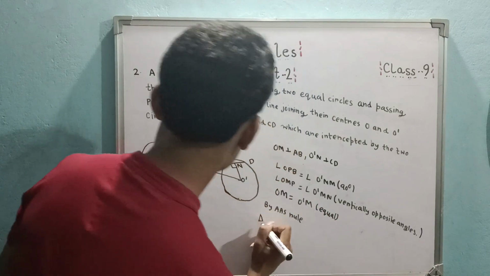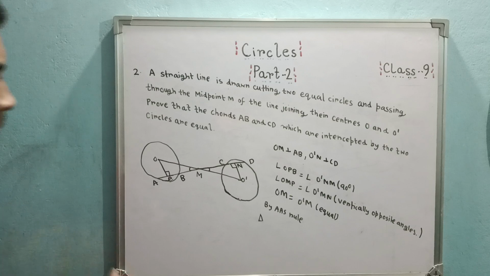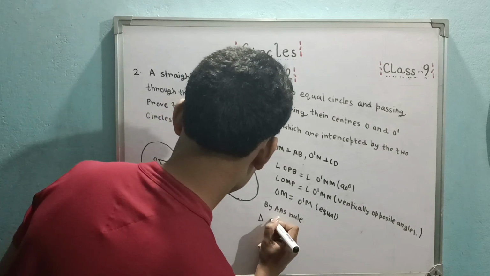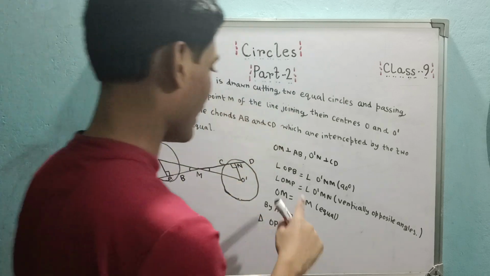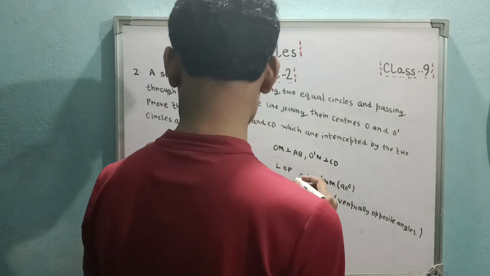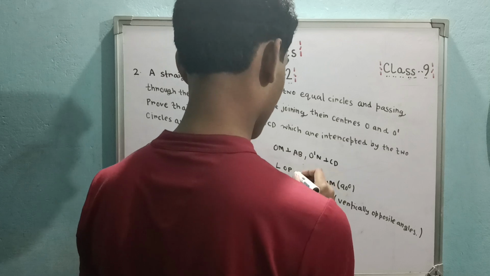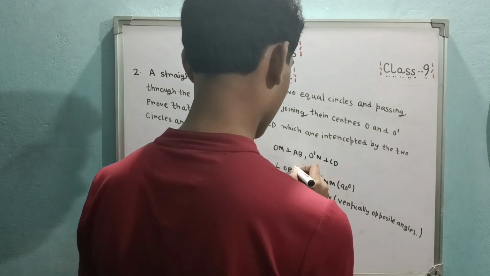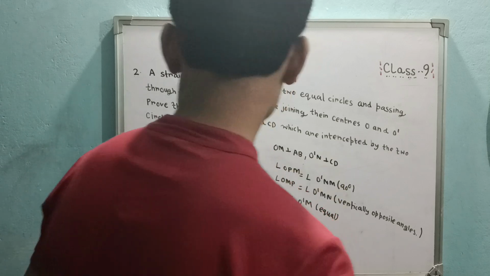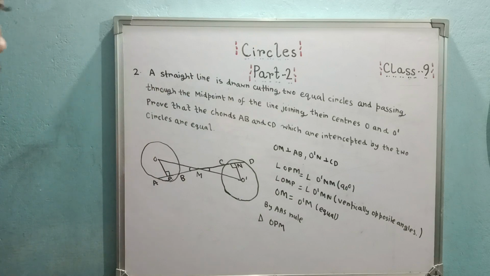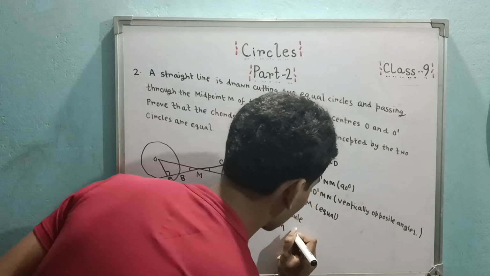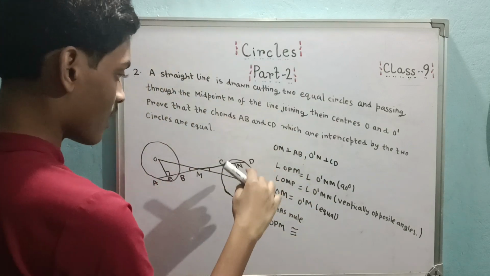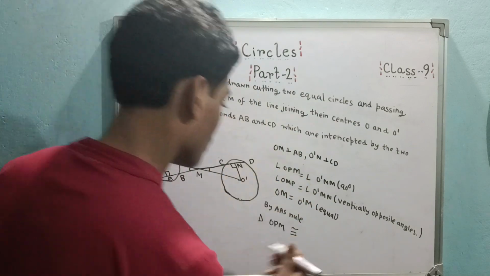Triangle OPM is congruent to triangle O dash MN by the sign of congruency.